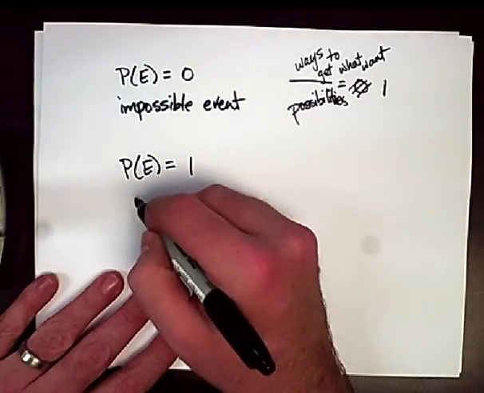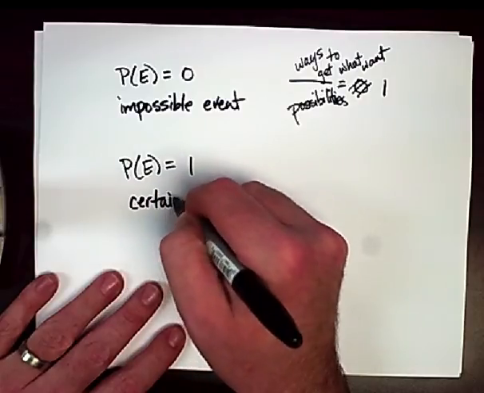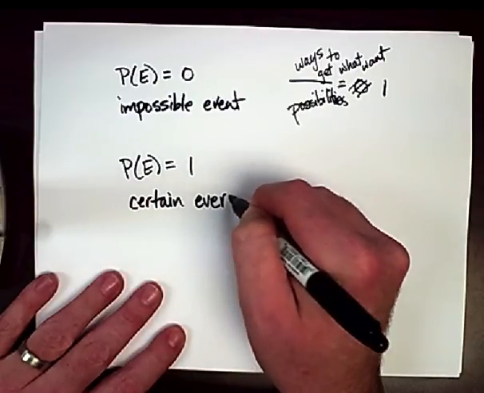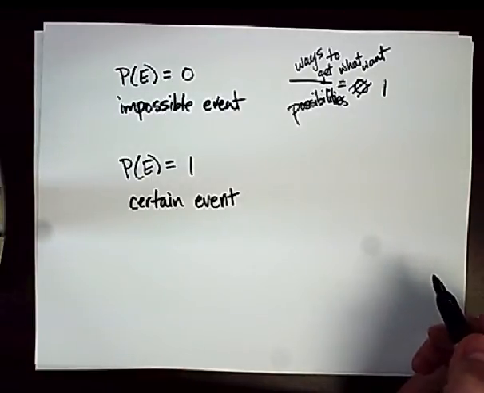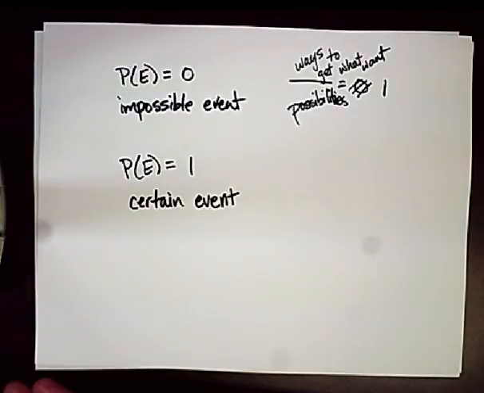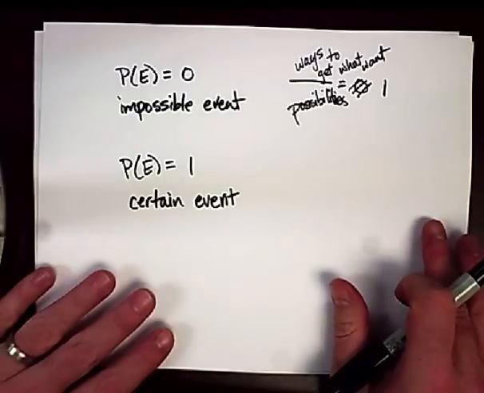So it's a certain event. Example of that would be the probability that you roll a number less than 13, because the highest you could get is 12, and so anything you roll would be less than 13. Or the probability that the day of the week tomorrow ends in Y. Well, every day of the week ends in Y, so the probability that that's going to happen is 1 or 100%.